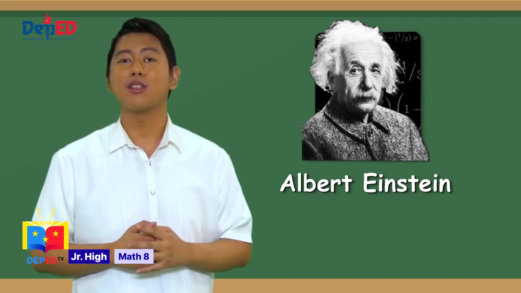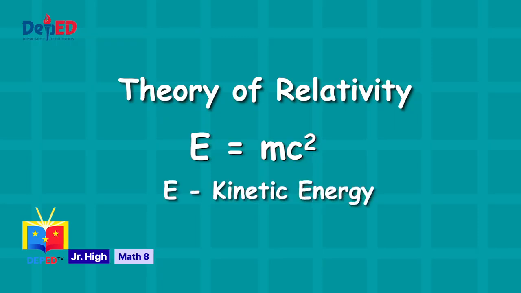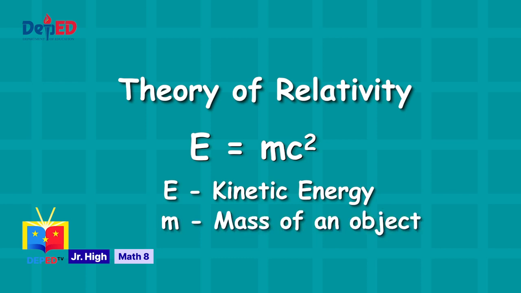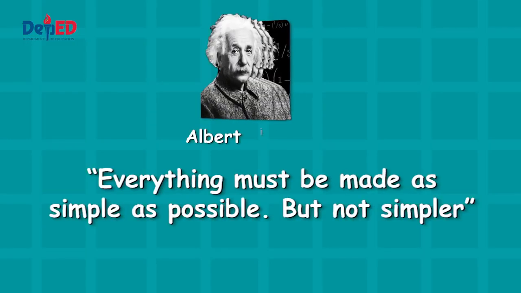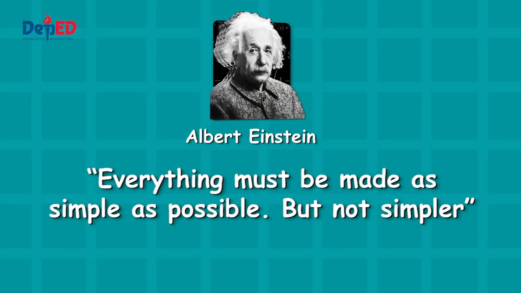His famous works include the theory of relativity and the equation E is equal to mc squared, which describes the relation of the kinetic energy E equal to m, the mass of an object, multiplied by the square of c, the speed of light. One of his quotes also says that everything must be made as simple as possible, but not simpler.